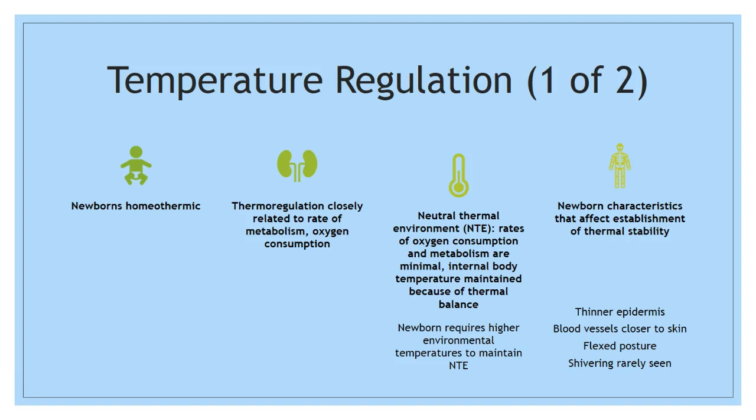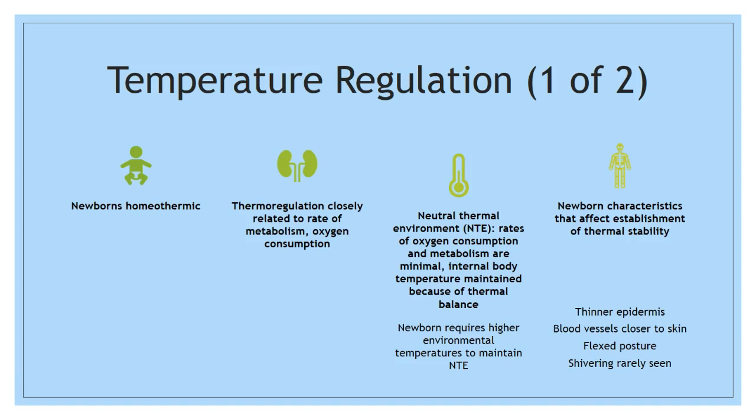Shivering again is rare in the newborn, and if you see a newborn that's shivering, it means that their metabolic rate has already doubled, and it does very little to produce heat for them. So from a metabolism standpoint, they use their basal metabolic rate and this brown adipose tissue to create thermogenesis so that they can generate heat to keep their temperature up.